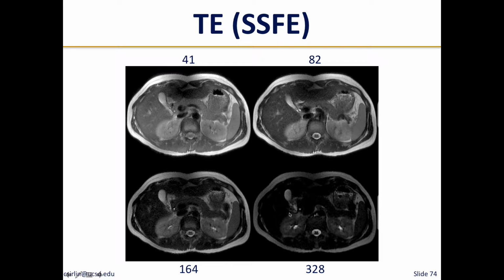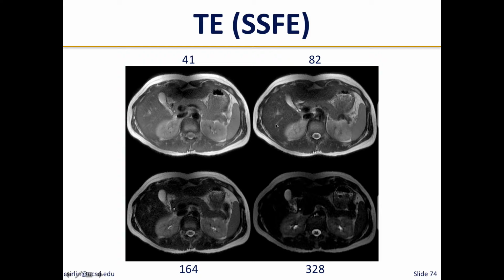So if you said, I want to look at bile ducts and gallbladder, you might want to pick a very long TE. But if you wanted to see metastases in the liver, then you'd look at the spleen and say, aha, maybe I really want a TE of about 41 or 82 in order for the spleen or the metastasis to look brighter than the liver.